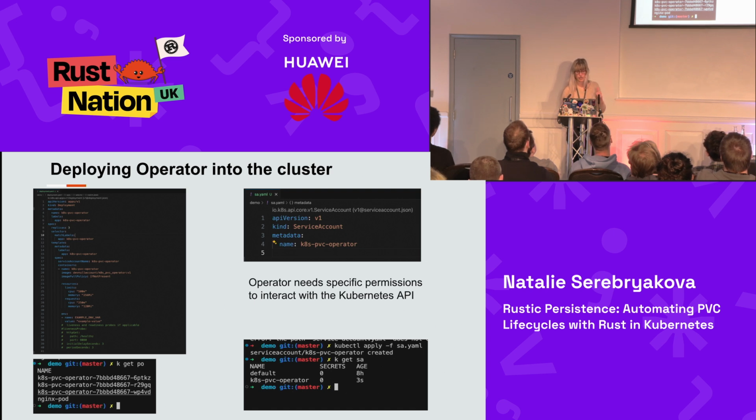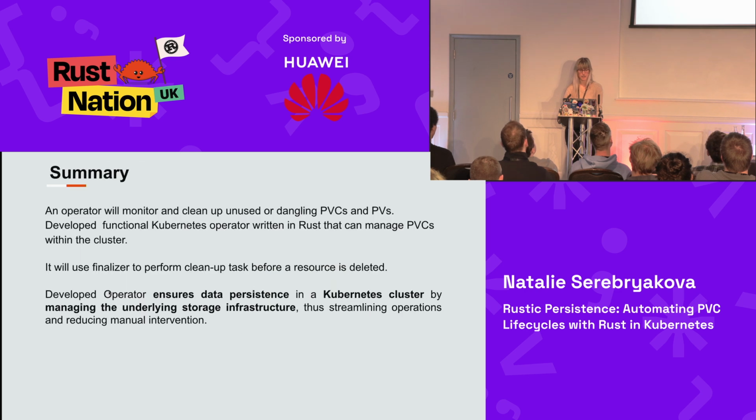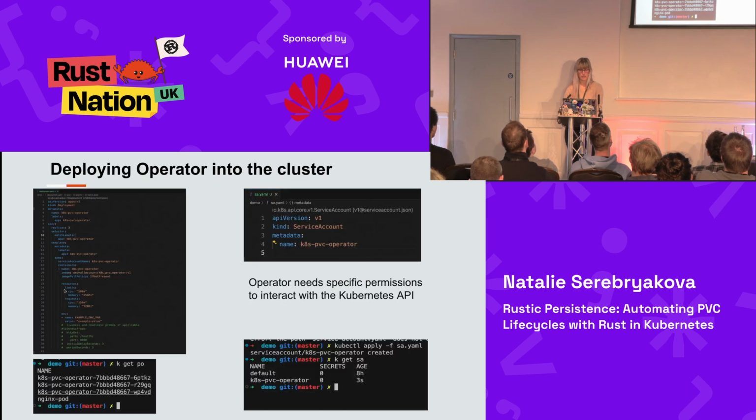Deploying in a cluster: it's a deployment, so on the top right corner is a spec for it. Again, deployments are just defined in documentation. The specific thing I have here is where I define resources for my operator, and the replication, how many of them I want to run in a cluster, things like that.